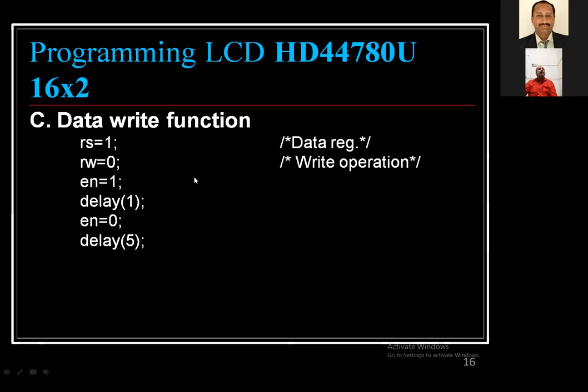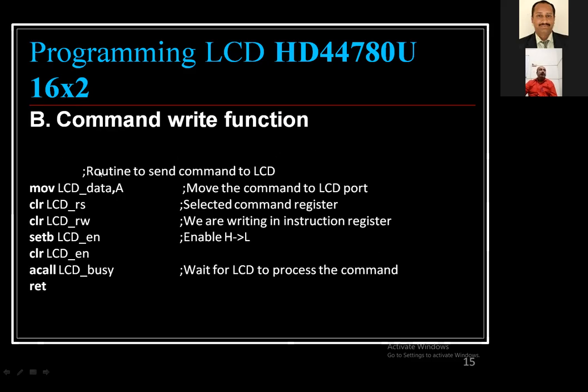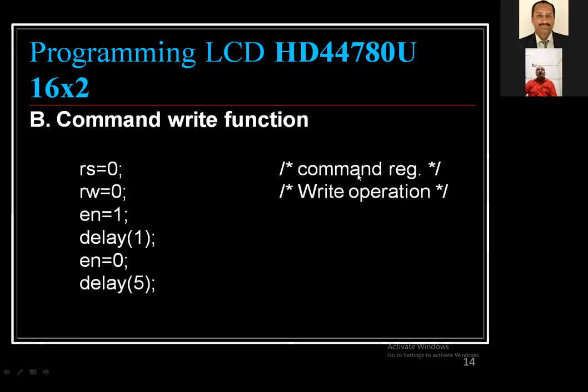Third one is data write, that is the actual data you are going to send. At that time RS should be set to 1 once again. This RS is the data register, and last time it was the command register.